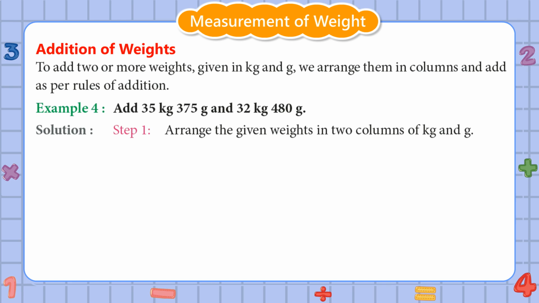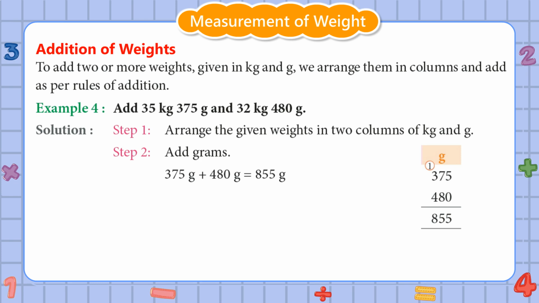Solution. Step 1. Arrange the given weights into columns of kilogram and gram. Step 2. Add grams. 375 grams plus 480 grams is equal to 855 grams. Write 855 under gram column.